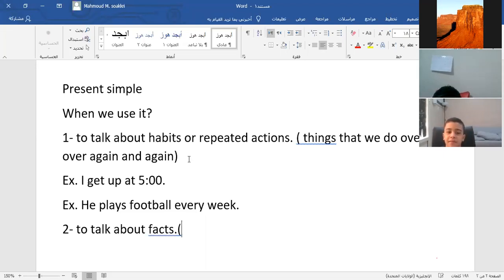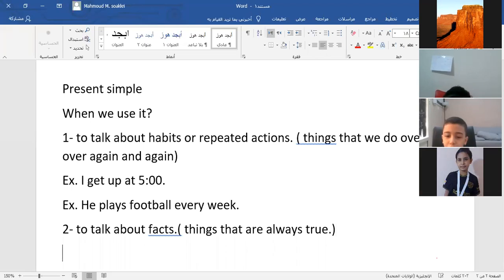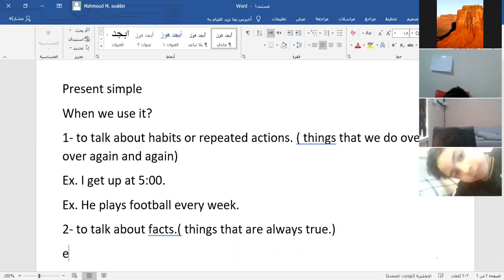And what are facts? Facts are things that are always true. These are facts. Let's take an example for facts to understand what it means. The sun rises in the east.